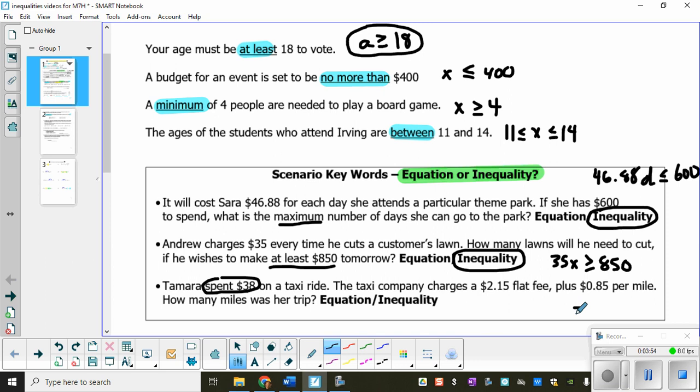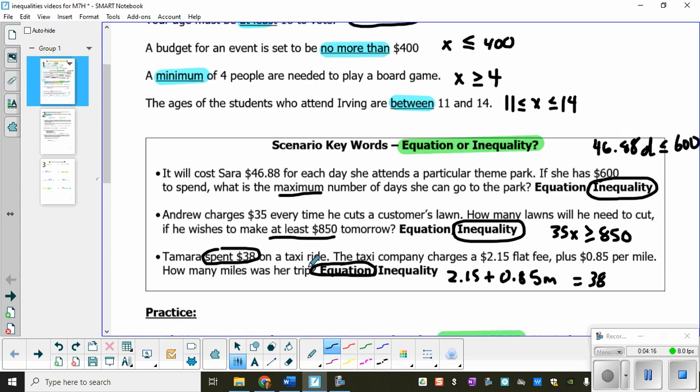So we know that she spent a total of $38, and that's going to be an equation setup. And it's $2.15 plus the 85 cents per mile. When we solve this equation, we will know how many miles the trip was. So again, that's kind of the difference here.